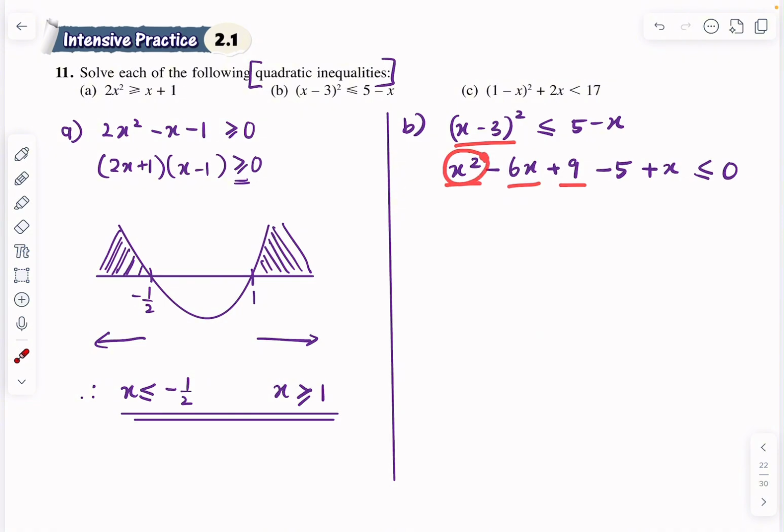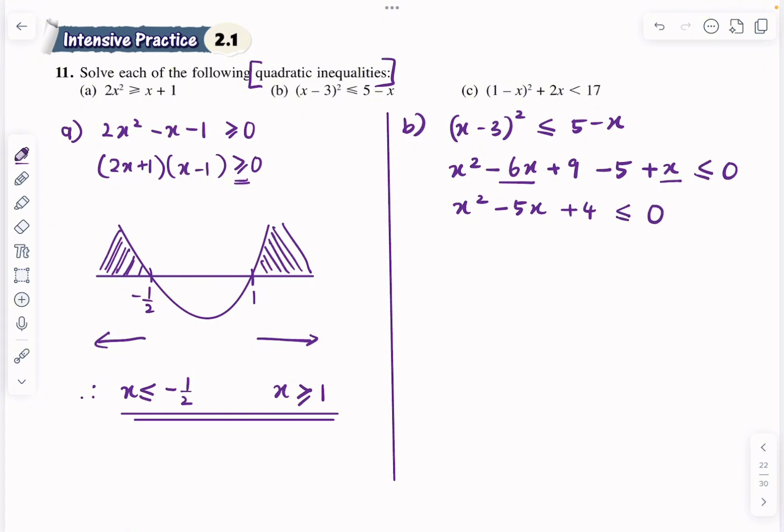The first term is x squared. The last term is negative 3 squared. And the middle term will be 2 times x times negative 3. And then I brought this all over, so I get this. Then we simplify. So x squared, negative 6x plus x will be negative 5x. 9 minus 5 is plus 4.